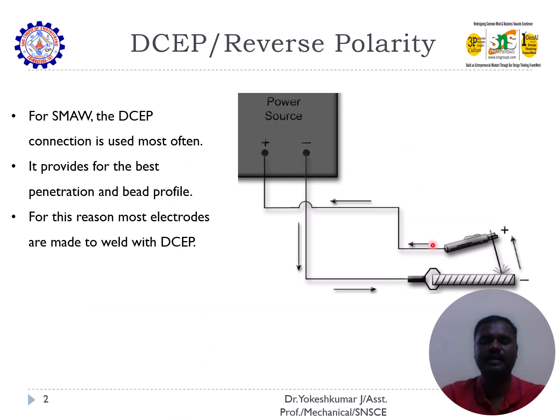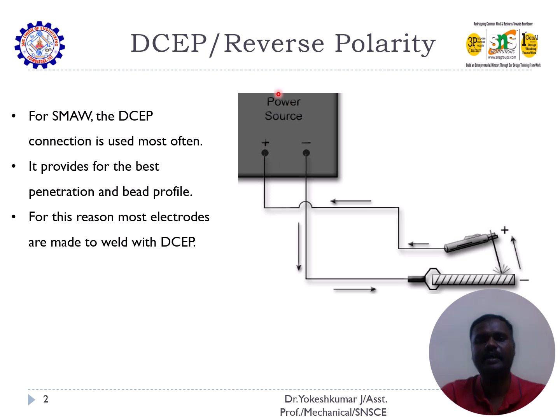And this is the illustration which explains the direct current electrode positive, or reverse polarity, welding process. As I mentioned earlier, we have a DC power source. In this DC power source, we have a positive terminal and a negative terminal.